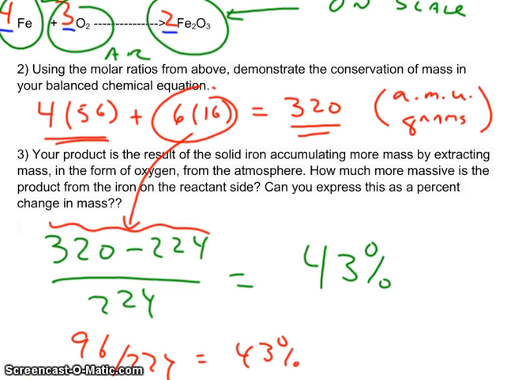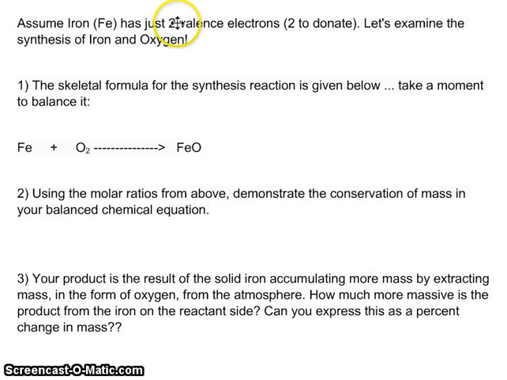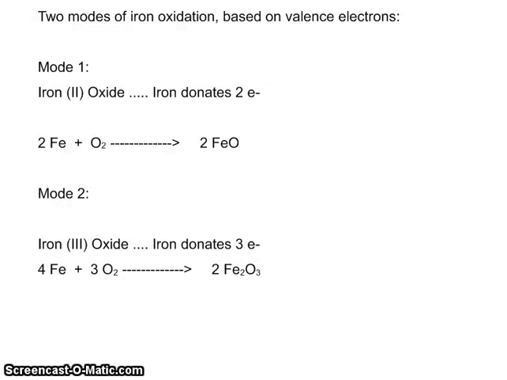That can be compared with a similar observation that if you make the assumption that iron has just 2 valence electrons to donate, you can go through a similar process and show that you'll only get something like a 25 or 28% increase. And that sets up the following task. Let's see if I can find it here.